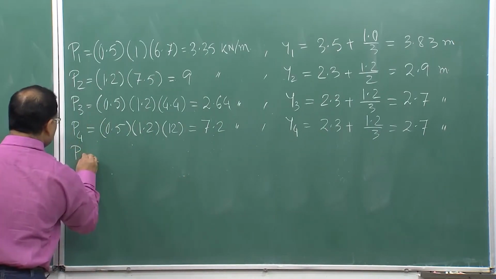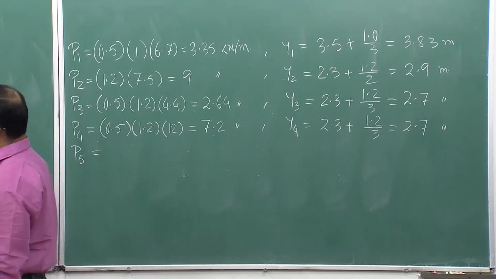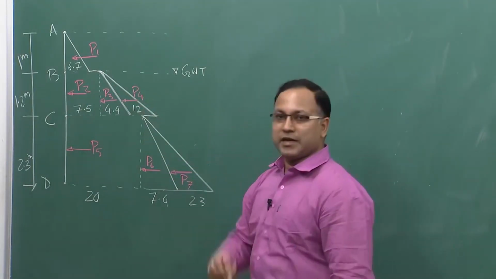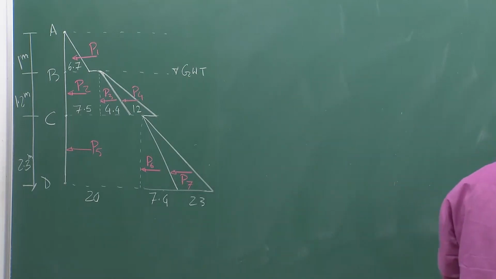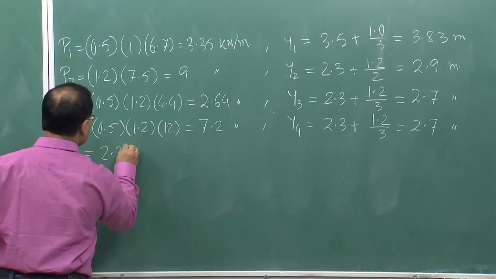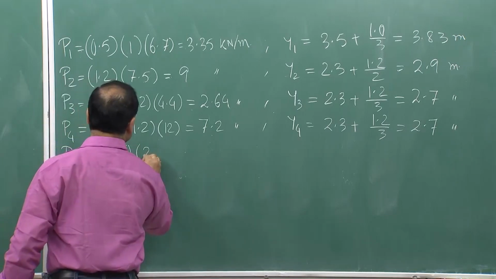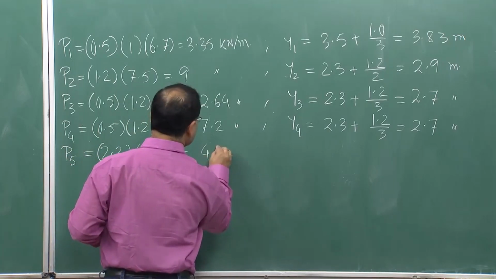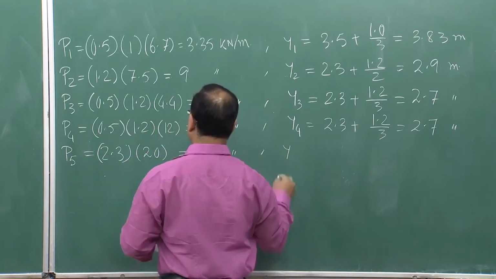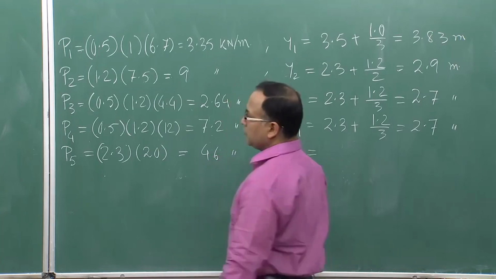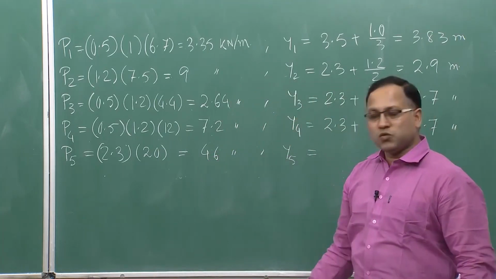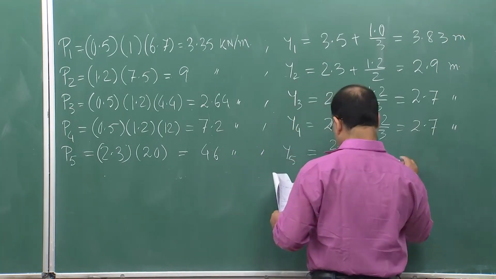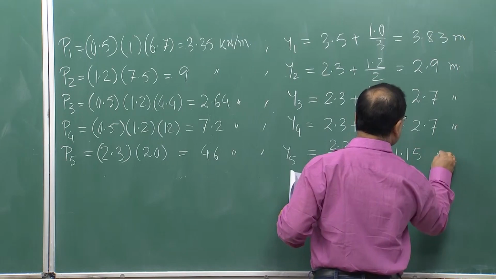Now, coming back to P5. What is P5? P5 is the area under the entire rectangle. So, P5 is 2.3 multiplied by 20, that gives me 46. And Y5 will be simply 2.3 by 2, which is equal to 1.15 meter.